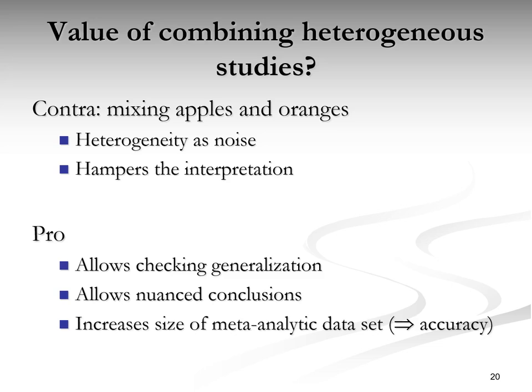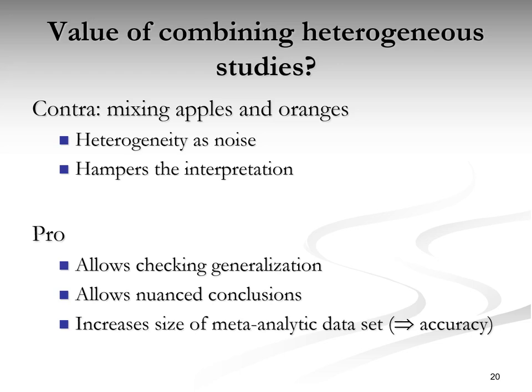An additional advantage of combining the results of studies, even if these studies do not study exactly the same things, is that in this way we can increase the size of our meta-analytic dataset.